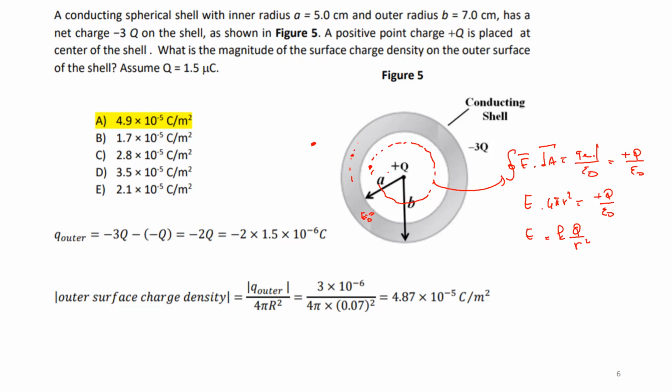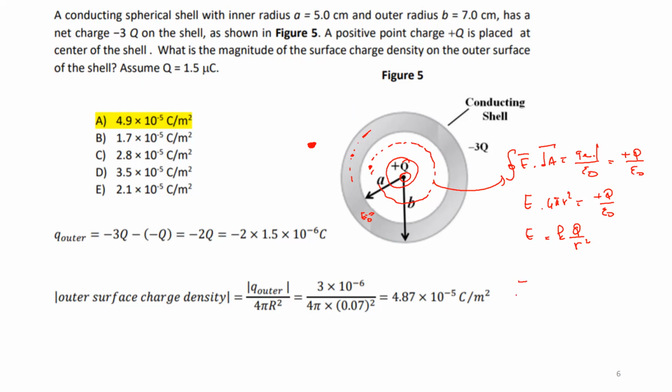Inside here, the only thing that is creating an electric field is this plus Q, because the shell is not creating anything inside. Now, when I'm outside, I have to add the electric field created by this and the electric field created by the conducting shell.